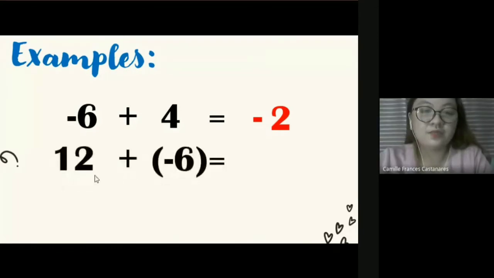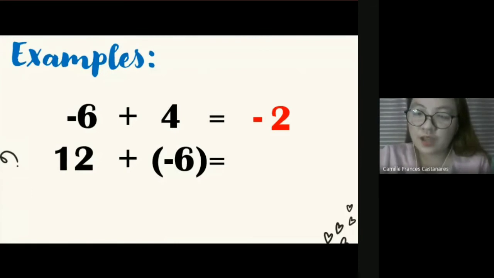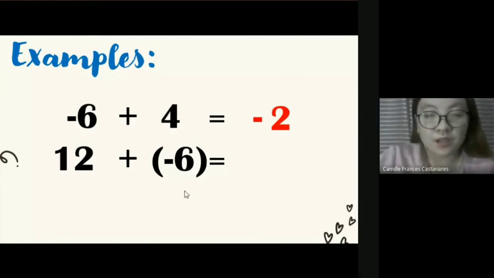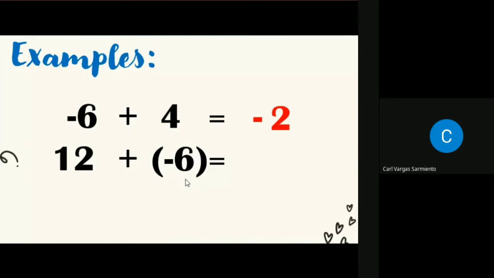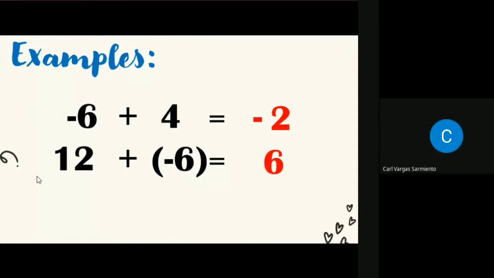So we have positive 12 plus negative 6. Sarmiento, what is positive 12 plus negative 6? 6. What did you do first? I just subtracted 12 and 6. Okay, very good. So what is the sign of your 6? Positive, because it is bigger than negative 6.